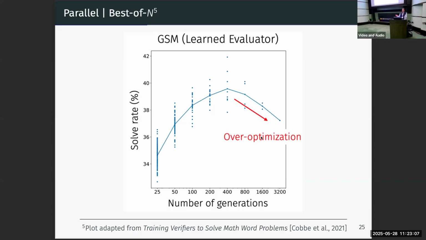One is this parallel strategy where you're calling the model multiple times in parallel, and then the question is, can you train a really good evaluator model that you could then use at test time? Another case, I don't know if I'll actually go into it, is tree search, where you can structure this process as a kind of tree search.